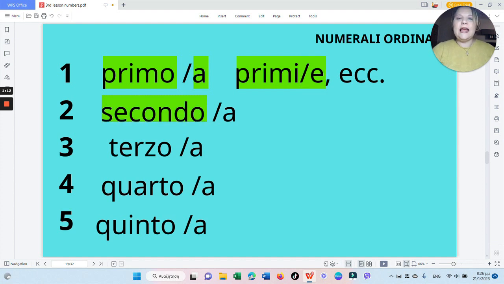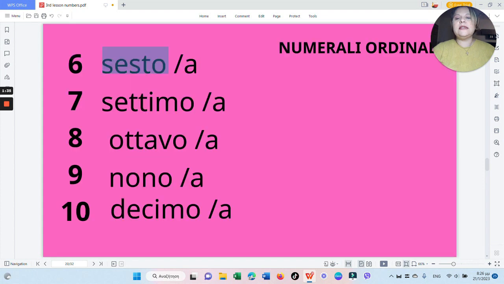Secondo is second. Secondo, seconda, secondi, seconde. Terzo, third, quarto, quinto, sesto, settimo, ottavo, nono, attention, nono and not nonno.